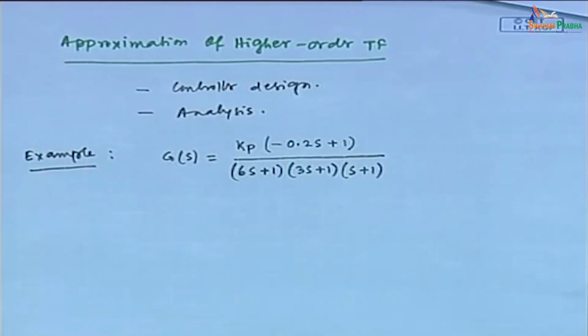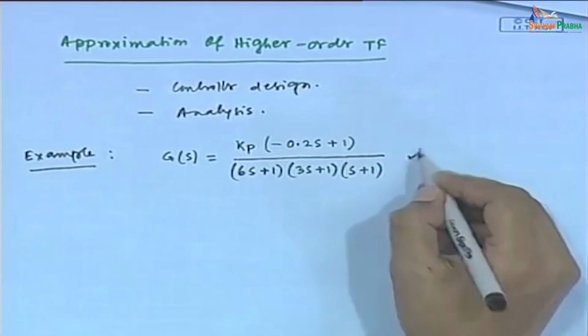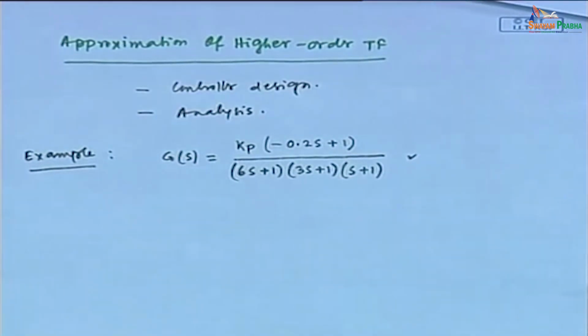To discuss the transformation of higher order to lower order transfer function, we have taken this example. Now, we wish to transform this transfer function to a first order plus dead time system.